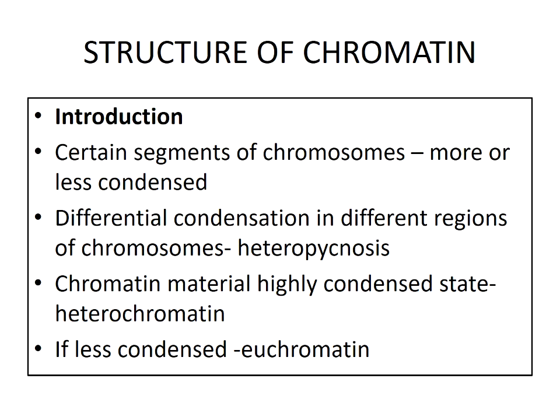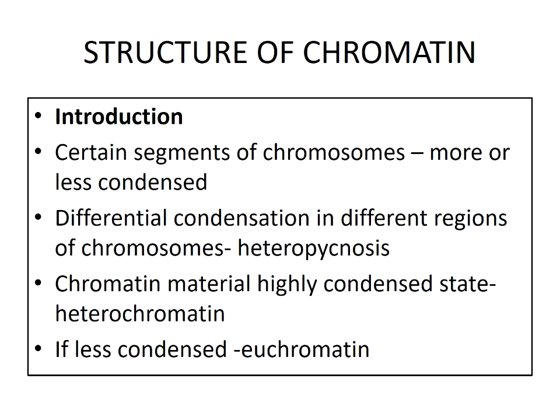In most species of animals and also in plants, it is seen that certain segments of chromosomes at various stages of mitosis and also meiosis are more or less condensed than the rest of the karyotype.